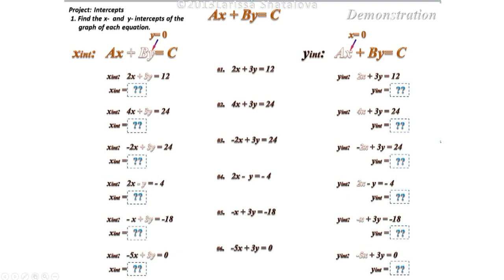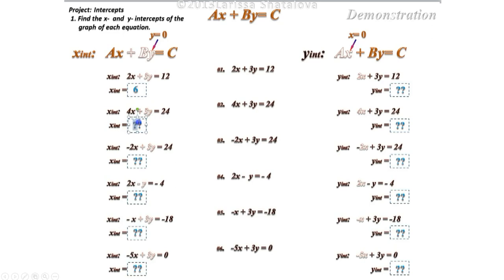What we have to remember, for all x-intercepts, the y-coordinate is 0. So a term with y just becomes 0. It's like invisible. It just disappeared. So what is left over from equation number 1? Just 2x is 12. We have to solve for x. Divided by 2, and the result is 6.